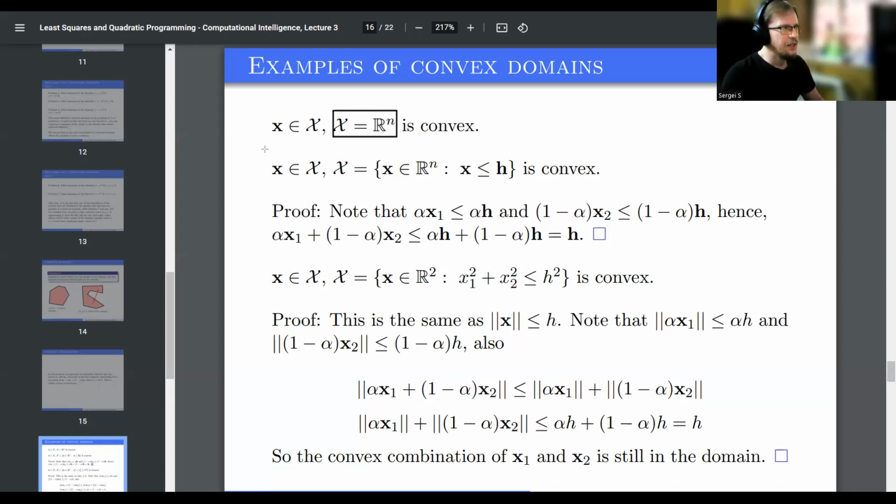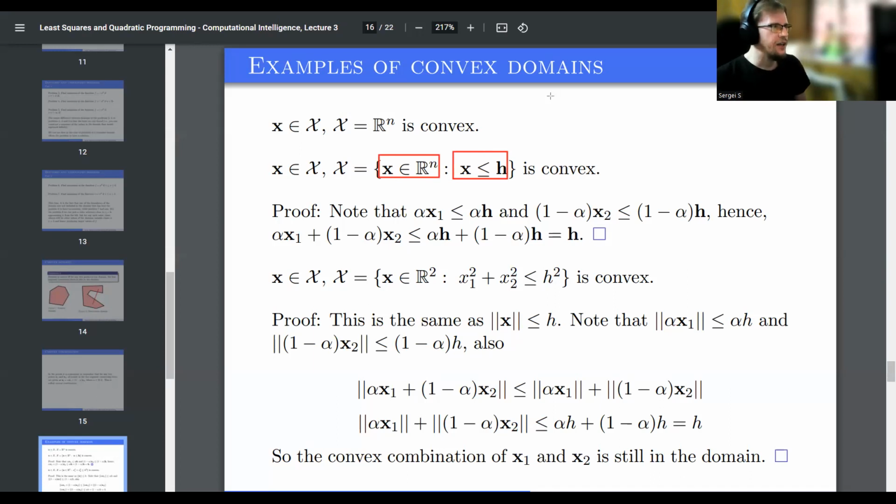Right. This thing, what is it? Well, it is a space of all vectors x in Rn, where element-wise each x is less than h. What do you mean element-wise?